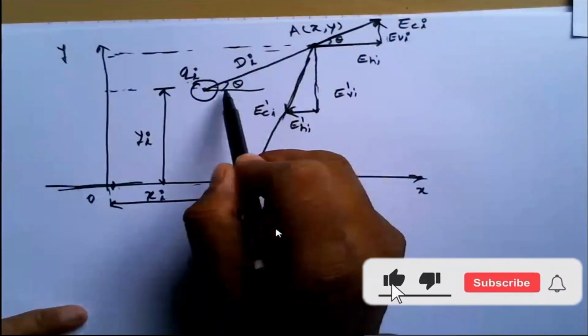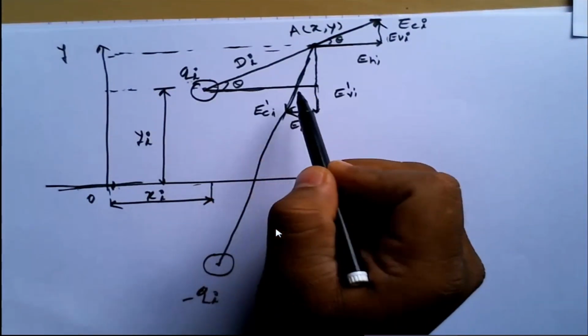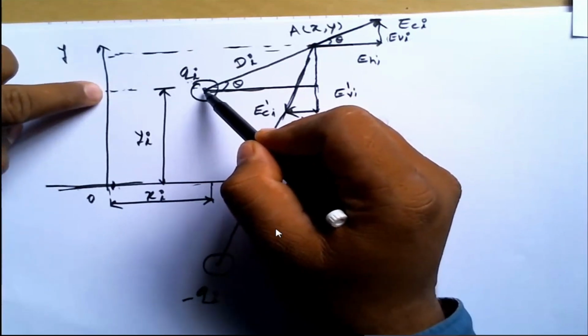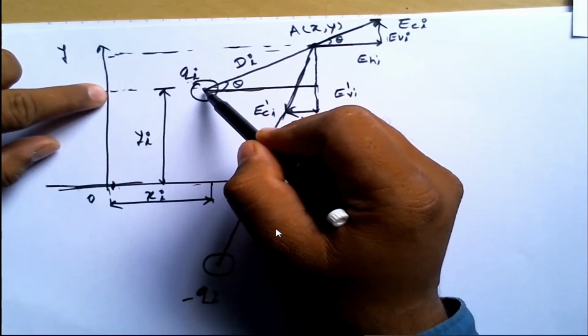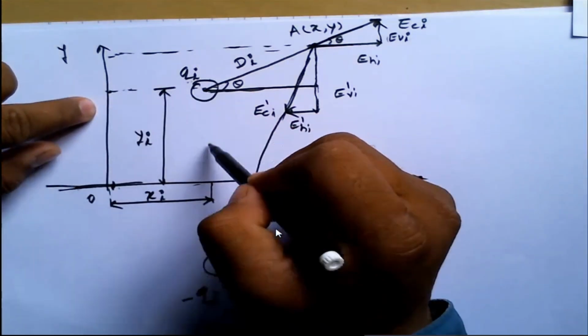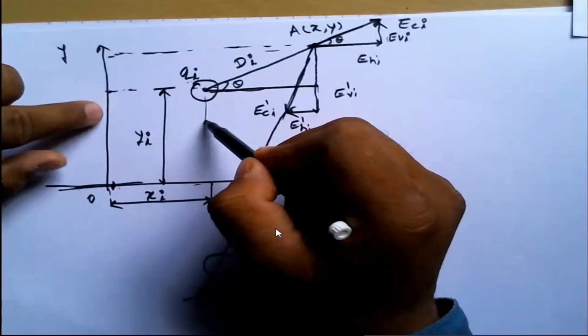So if I consider this triangle, I will extend this toward this. What is the distance up to this point? What is the distance between these two points? It is equal to xi. Am I right? Yes.